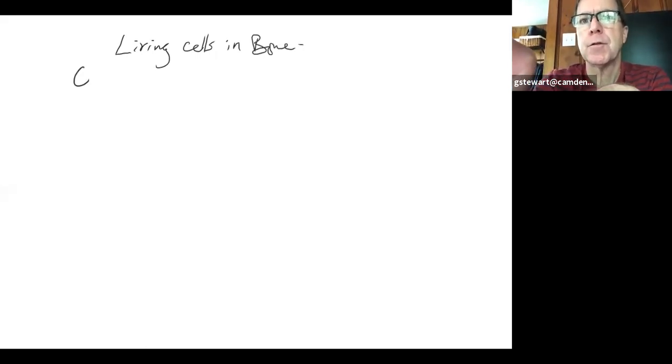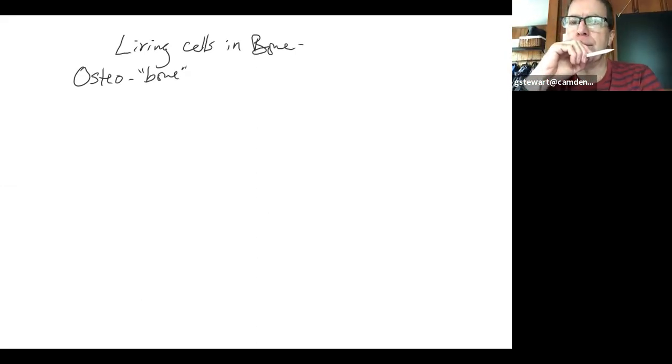First, this prefix osteo means bone, okay? That's first and foremost. I'm just going to list the living cells in bone tissue, hopefully in the same order as your book. There's 5 total, so I'm going to start with number 1.